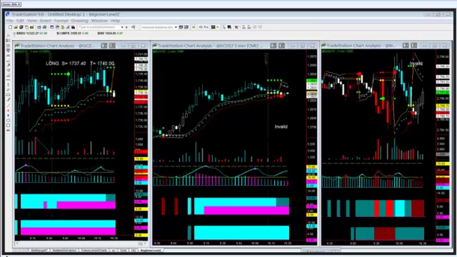My TradeStation went offline. Did anybody else's TradeStation go offline, or is it just mine?